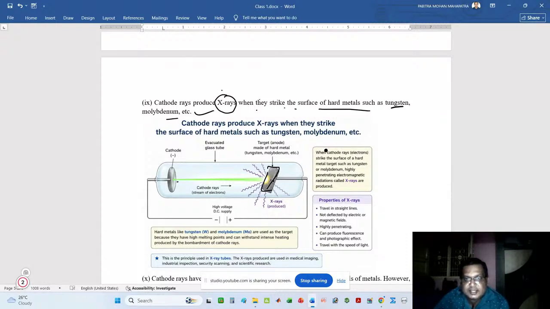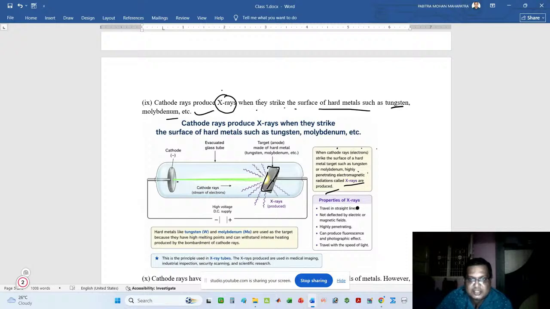So here I can say that when cathode rays, that is electrons, strike the surface of a hard metal target such as tungsten or molybdenum, highly penetrating electromagnetic radiation called X-rays is produced. X-rays, you know very well, are used for scanning purposes in the medical field.